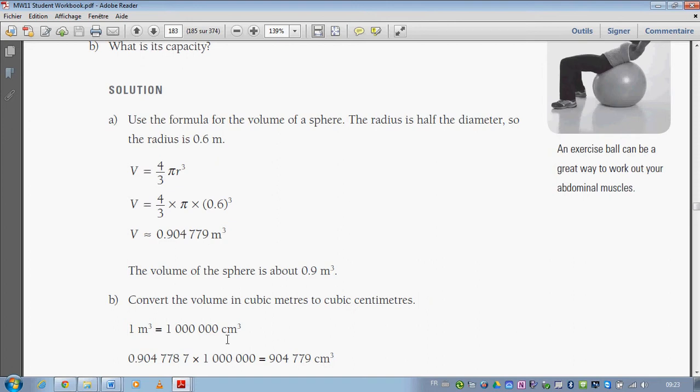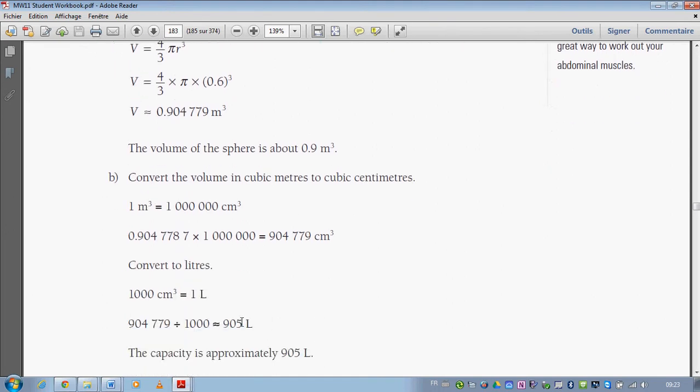As you can see, you will end up taking this meter cubed volume and multiplying it by the centimeters cubed to get how many centimeters cubed that is. So that's 904,779. And then you'll remember that 1 liter is 1,000 centimeters cubed, so therefore 905,000 is 905 liters if 1,000 is 1 liter.